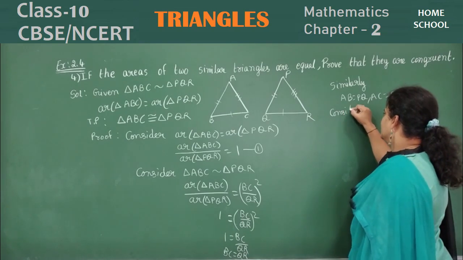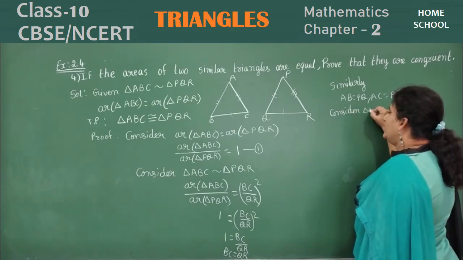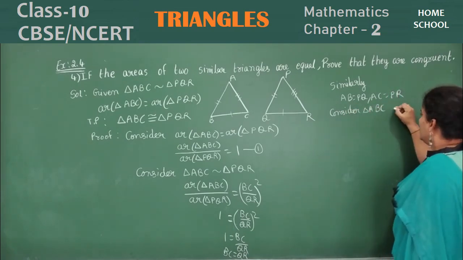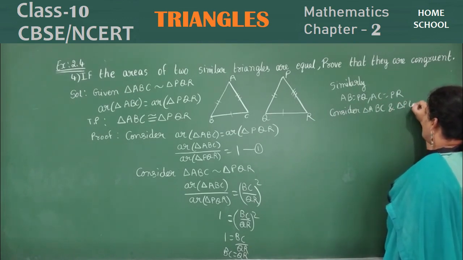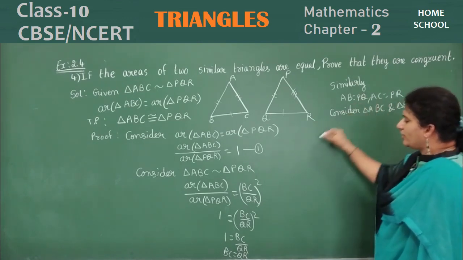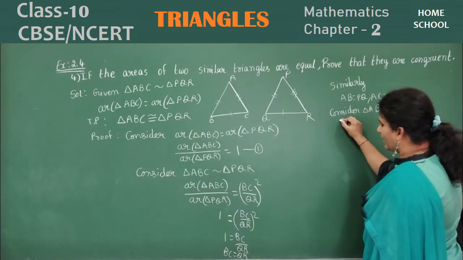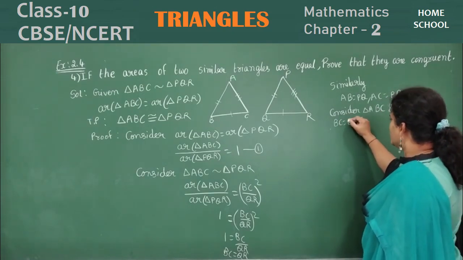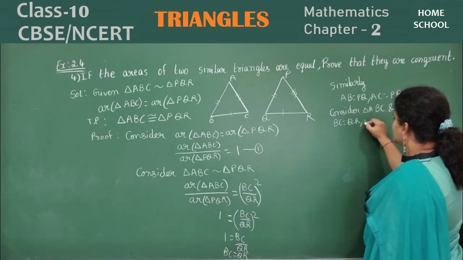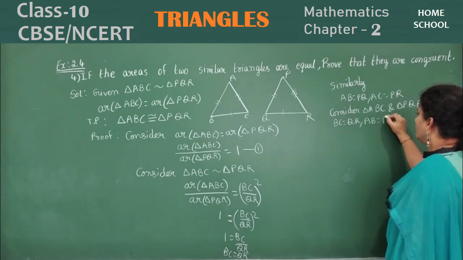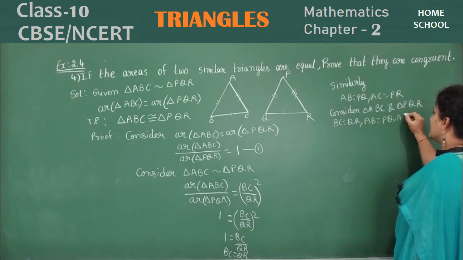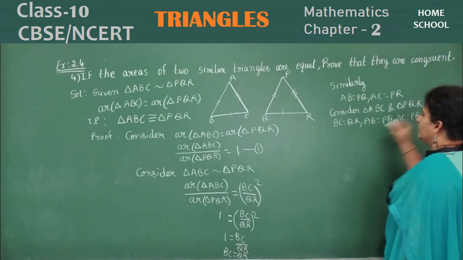Consider triangle ABC and triangle PQR. So what can you say? All three sides are equal, right? We got BC is equal to QR, AB is equal to PQ and AC is equal to PR.